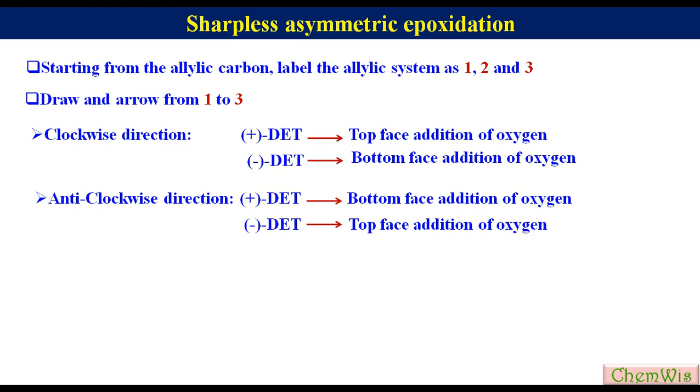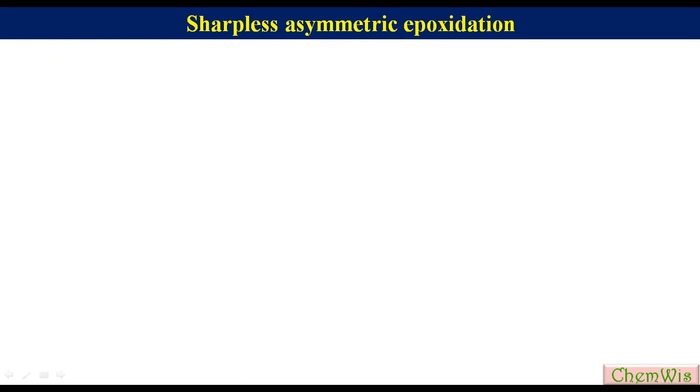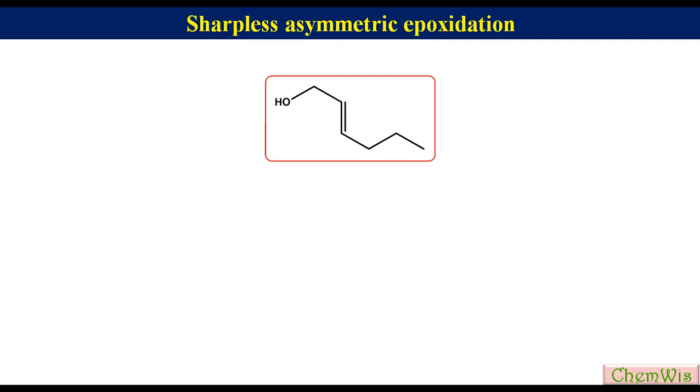These things will be more clear if we go through the examples. Suppose we have E-hex-2-yn-1-ol drawn like this, and we have to find the structure of major enantiomer when it is subjected to Sharpless Asymmetric Epoxidation in the presence of different enantiomers of diethyltartrate.